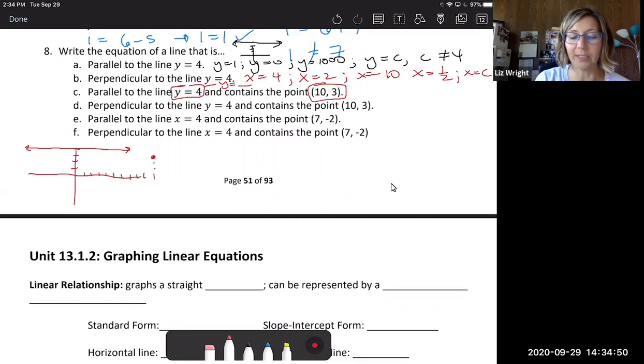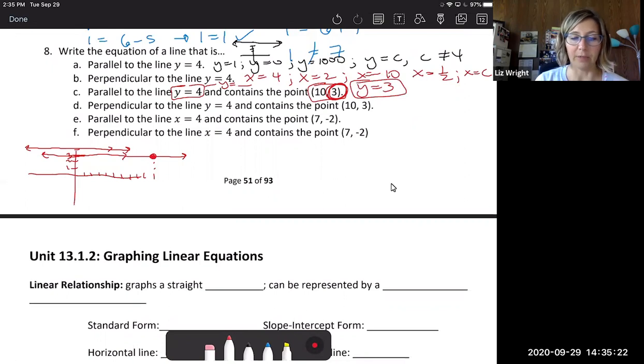If it has to go through that point and it's parallel, what's our y value going to be? Y equals what? I'm hoping you're saying 3, right? Because if we have a horizontal line, we know it's horizontal because it's parallel, and it has to go through this point of 10, 3, then that means it has to be y equals 1, 2, 3. So it'll be y equals 3 for that one.